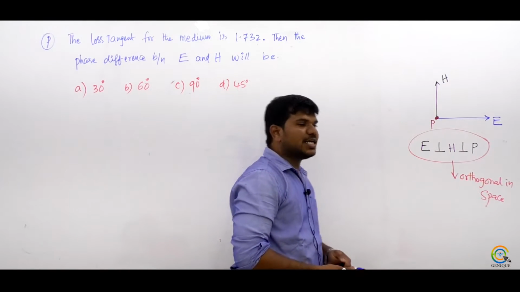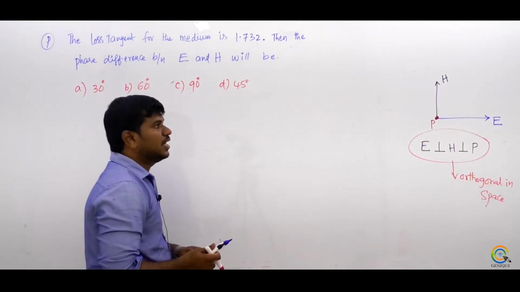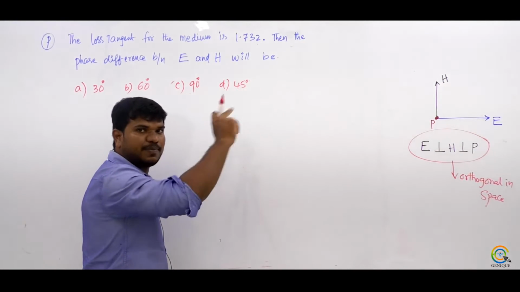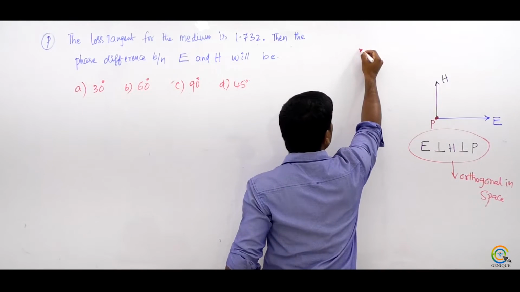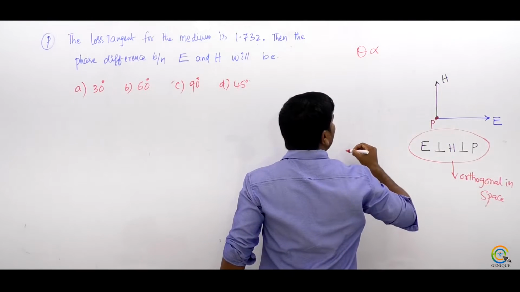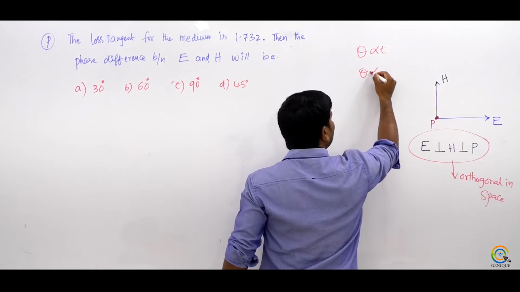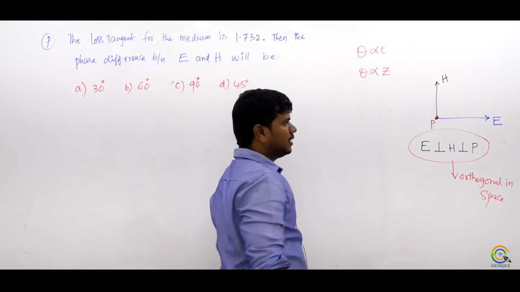So what he is asking in the question, the phase difference, means the phase varying with respect to time and space. We know the phase of an EM wave varies with respect to time, and also with respect to space.